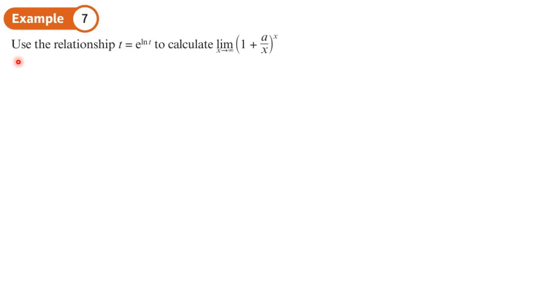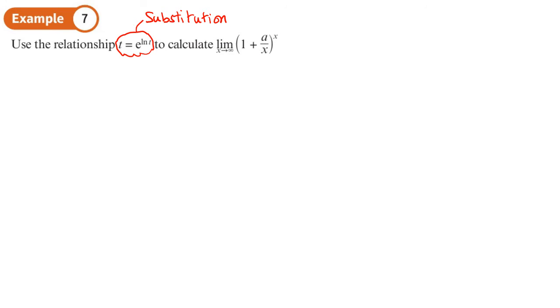Okay, so this question says use the relationship t equals e to the log t. That's basically like a substitution, so I'll just put that down. That's going to be a substitution that we make to calculate this limit here.